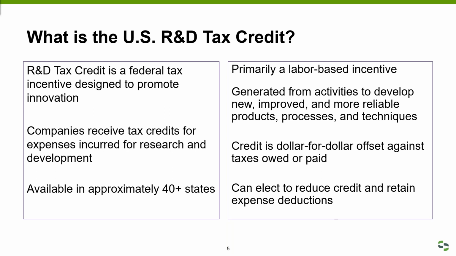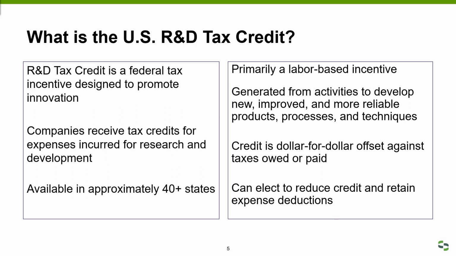So a little bit of framing before we dive into it is, what is the U.S. R&D tax credit? It is a federal tax incentive that has been in the Internal Revenue Code since 1981 and is permanent in the tax law.